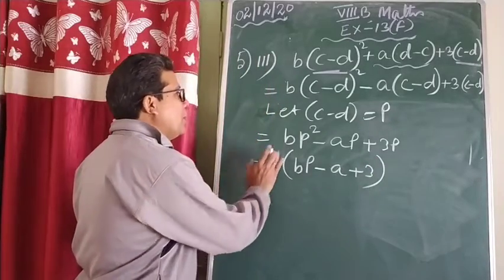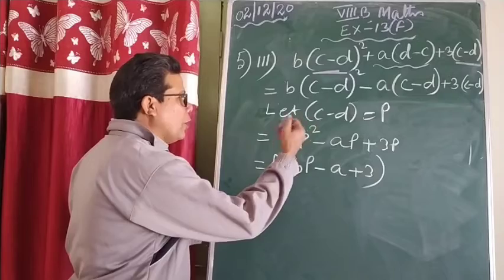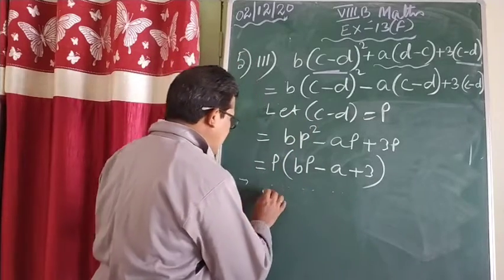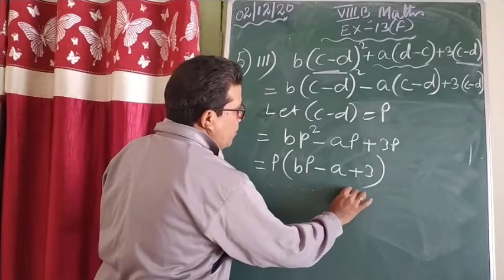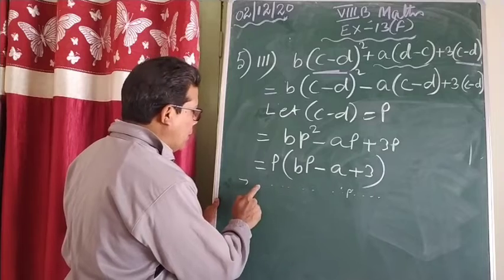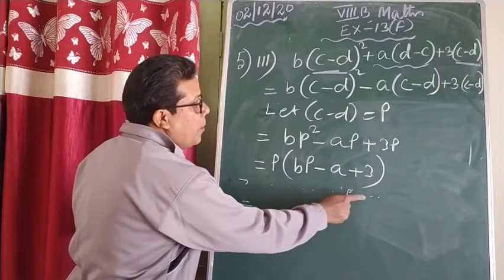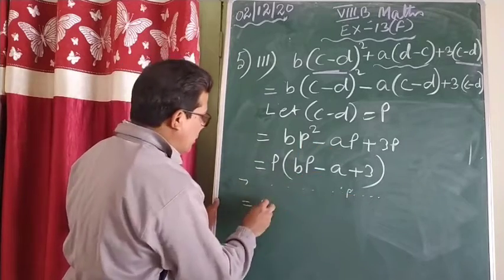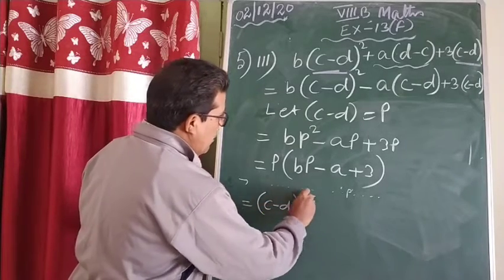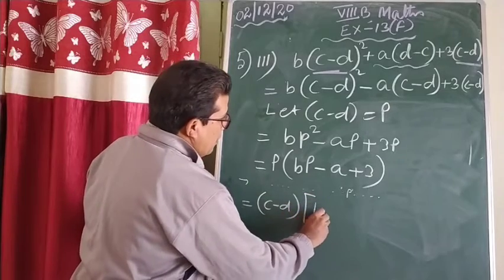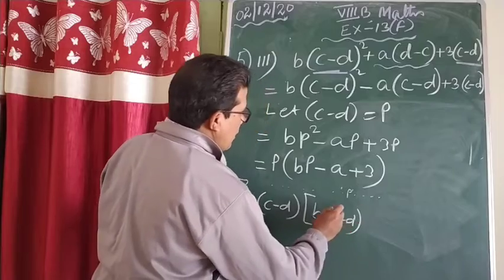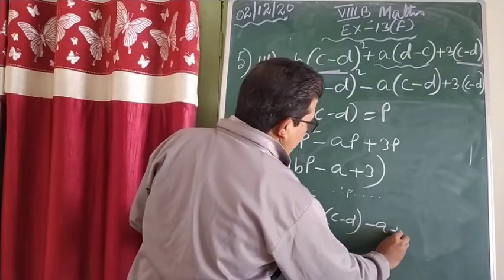Now P was not there in the question, so you have to put the value of P back. In place of P, write C minus D. P means C minus D. So we get (C minus D) times (B(C minus D) minus A plus 3).